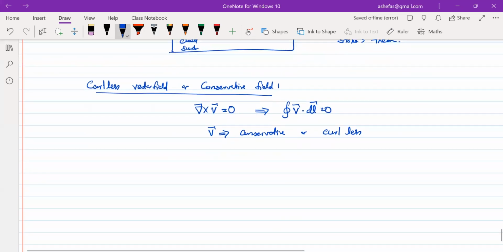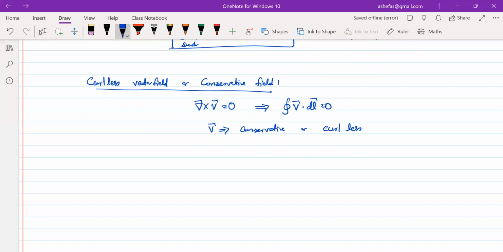And what is a divergence-less vector field? Any vector field which has divergence 0 is called divergence-less.